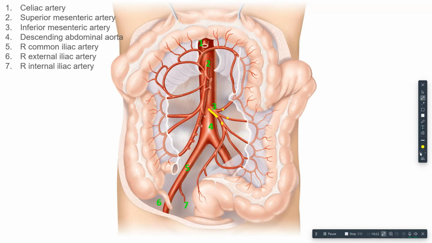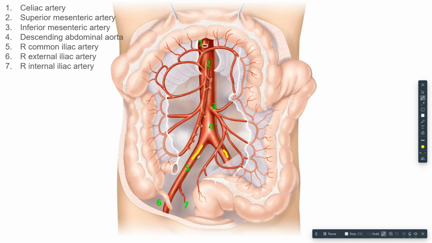to the large intestine. Now, as that descending abdominal aorta comes down, eventually about at belly button level, it splits. We get a right common iliac artery here and a left common iliac artery over here.